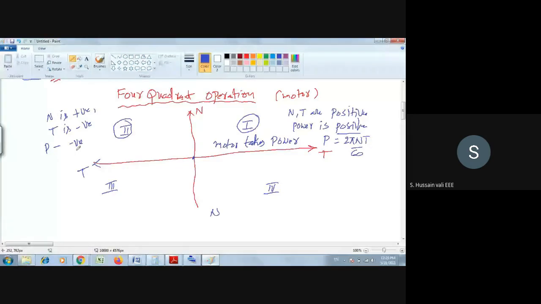The motor gives power. Negative power in the sense it gives the power back. You call the first quadrant operation as forward motoring.